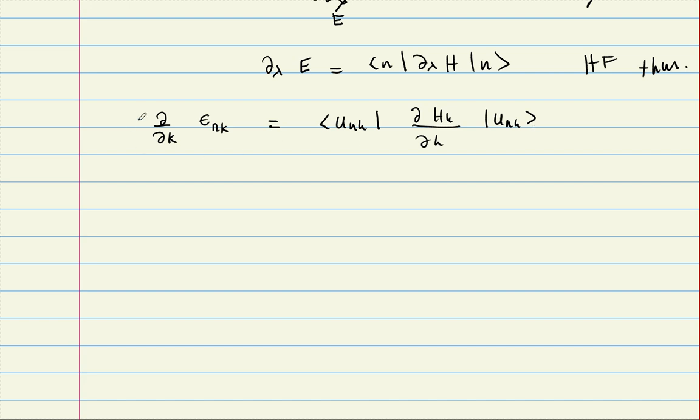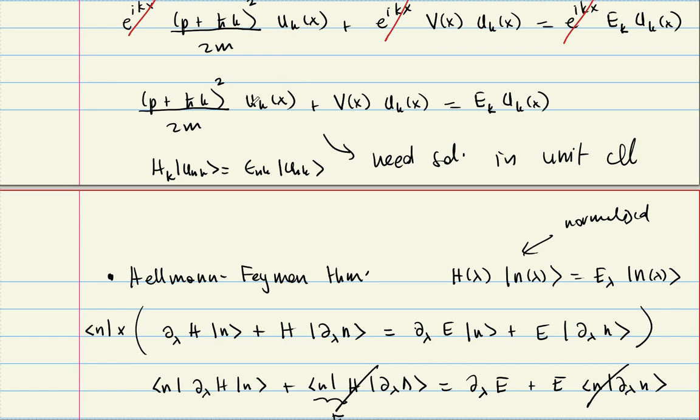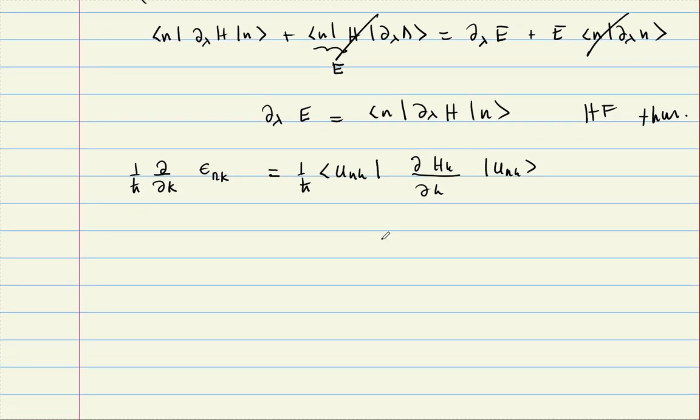And I want to put a factor of 1 over h bar here. Now I can take the derivative, right? So let me write it here. H of k is equal to (p plus h bar k) squared over 2m plus v of x. And the only k dependence is here.